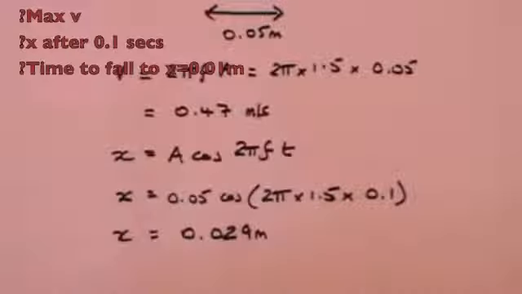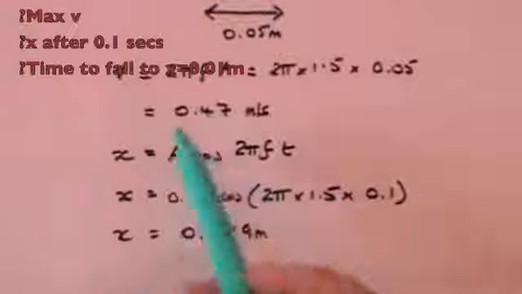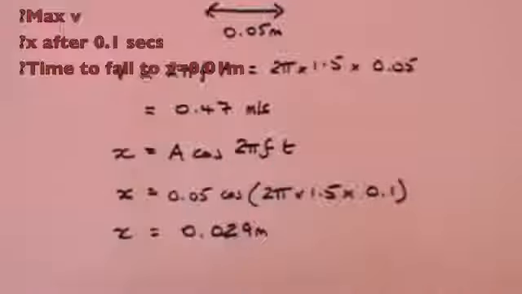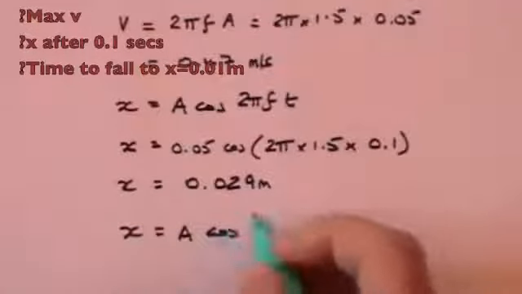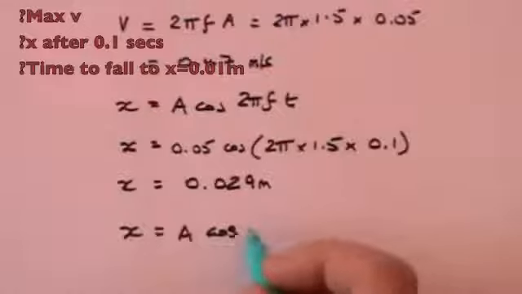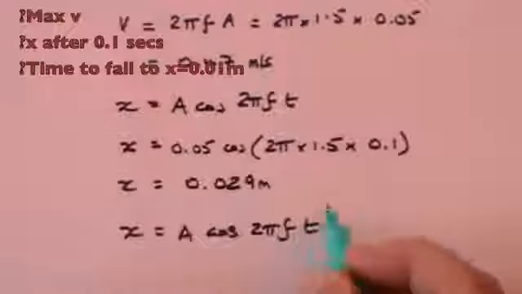And the third question we had to answer was how long does it take for the bob to fall to a position where it is only 0.01 meters from the midpoint? Well, once again, we can use this formula here. So let's rewrite it. x is equal to the maximum amplitude times the cosine of omega t, which is 2 pi f times t.